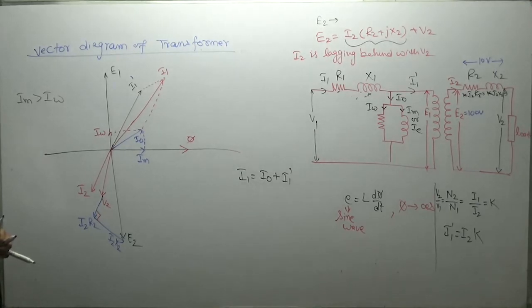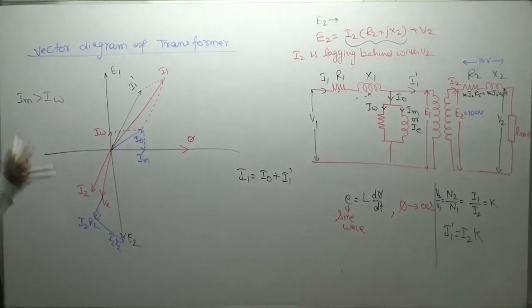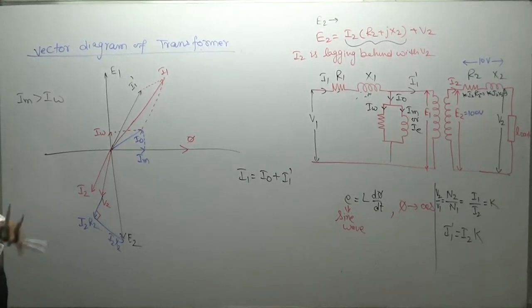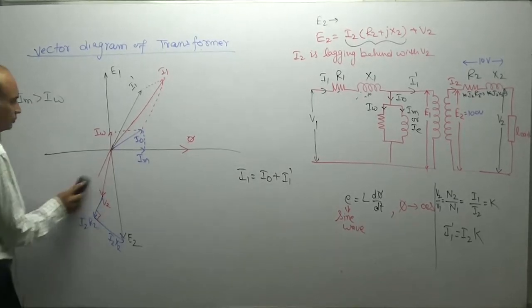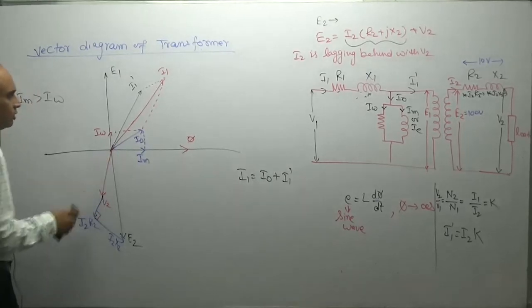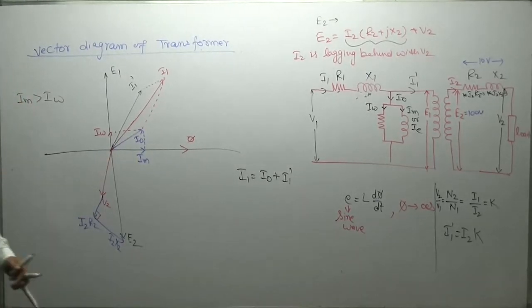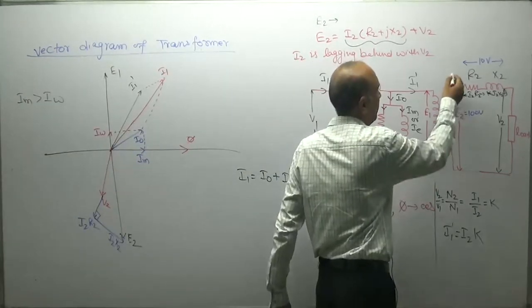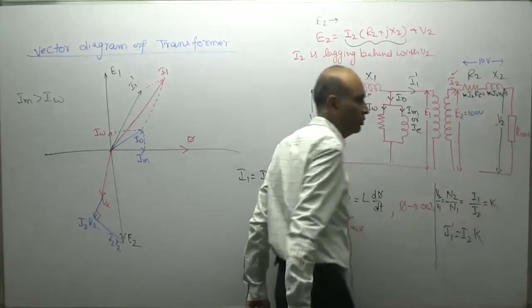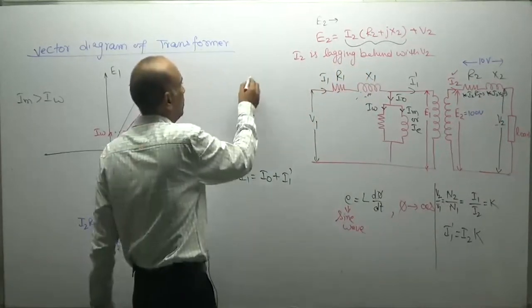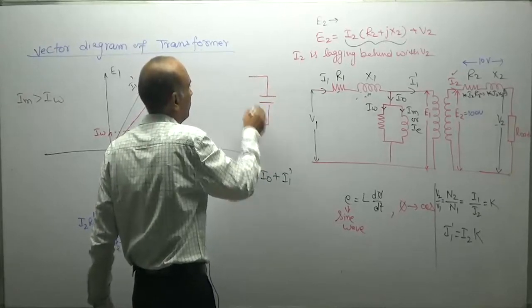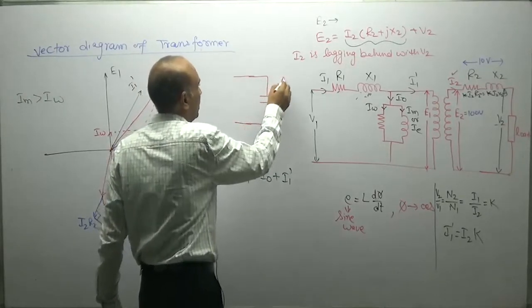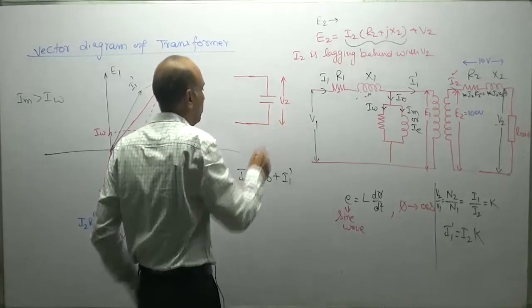Now we will discuss the vector diagram at capacitive load. It is not very hard, it is very simple. In the capacitive load, what will happen? What will be the relation between this I2 and this V2? Suppose it is the capacitor. It is the voltage V2.